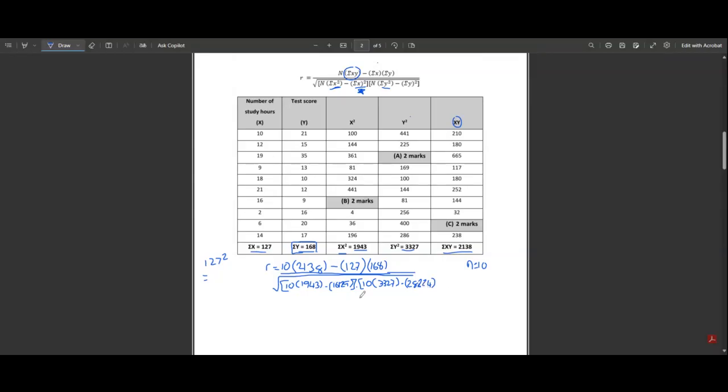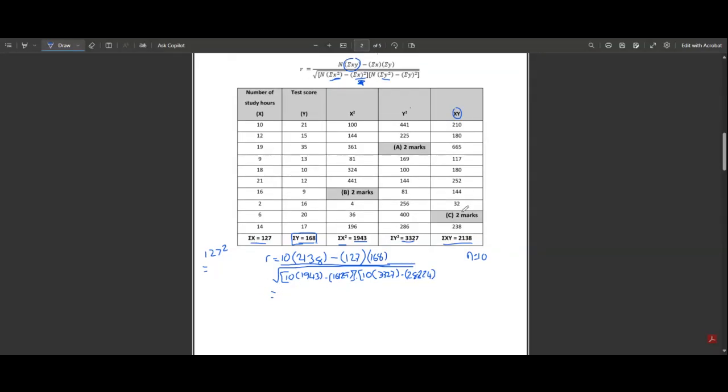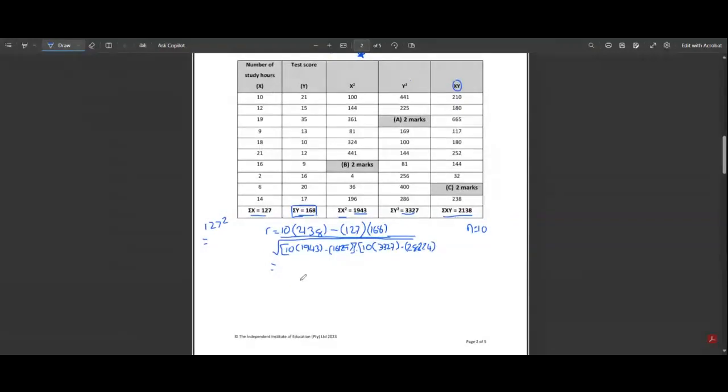Okay, cool. And then we can work it out from there. Because n is 10, it at least makes these calculations a little bit easier. Okay, so this is 10 times this, so 21380. And then can someone please do 127 minus 168 for me?